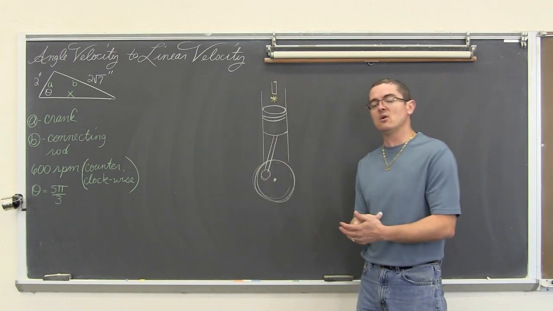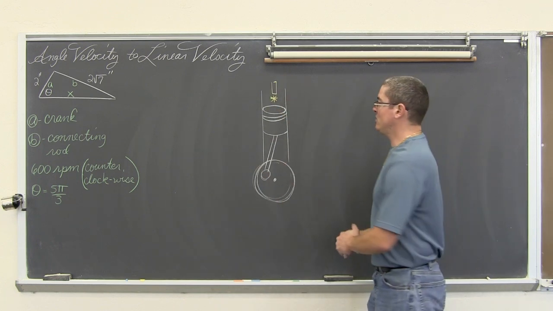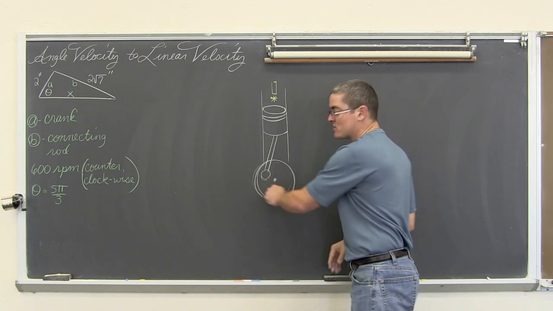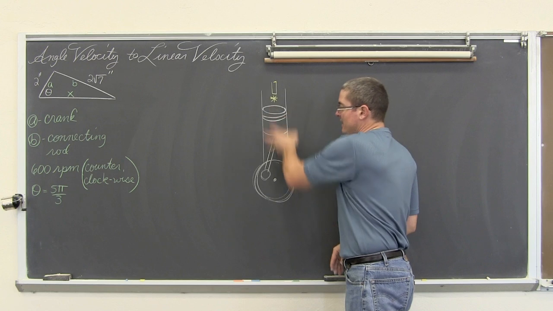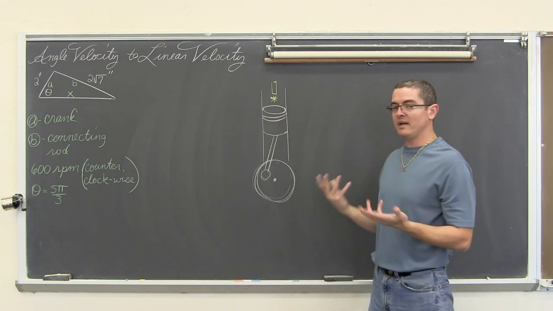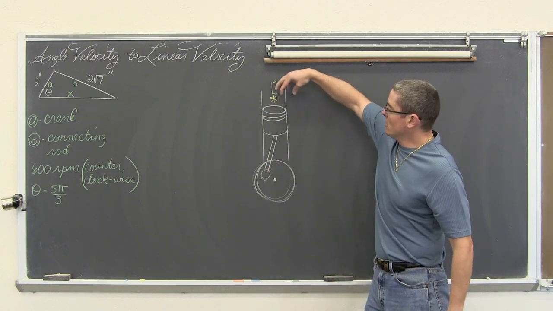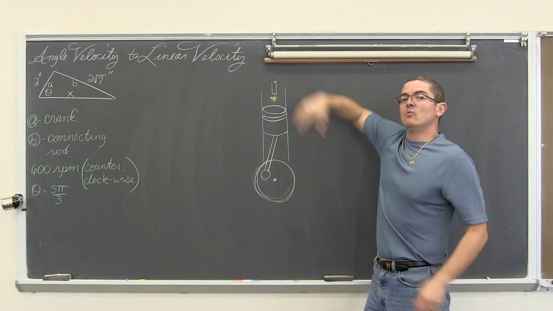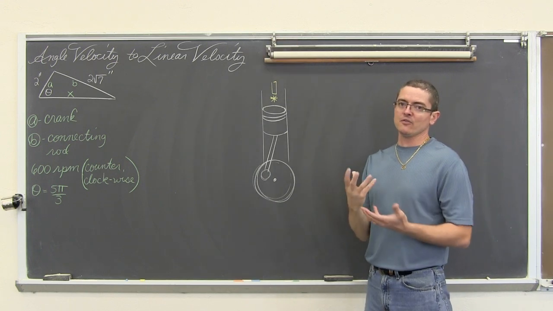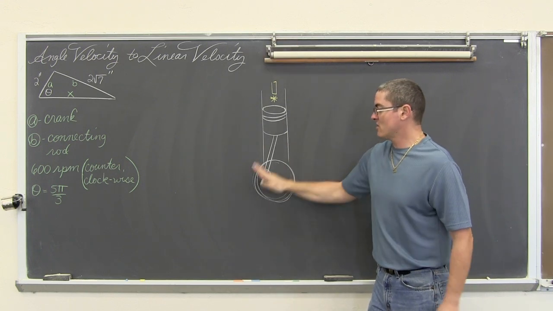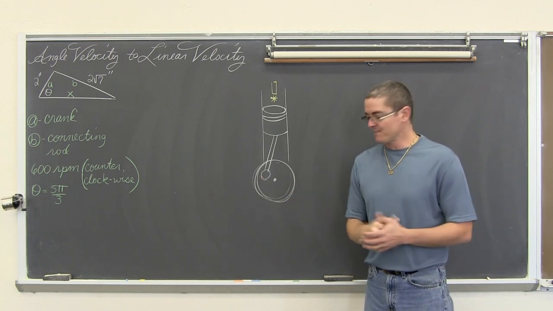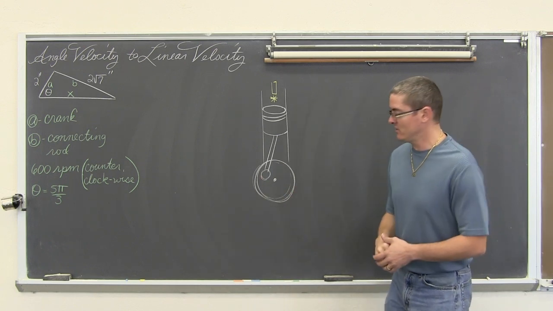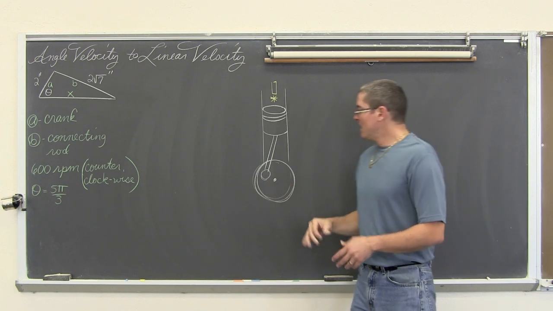So inside of a combustion engine, you have this relationship of rotational speed and linear speed. As this piston gets driven up and down, we have linear velocity and linear forces. That gets converted into rotational forces, which then gets sent to your front and rear wheels to power your car or whatever else you might be talking about.